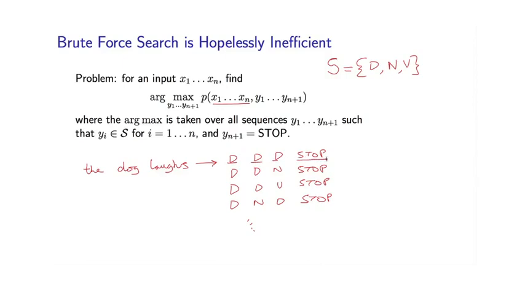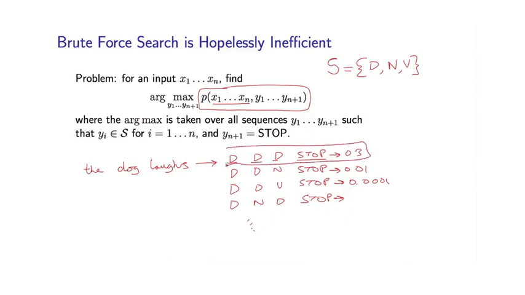And so we could conceivably just go through each of these tag sequences in turn. For each tag sequence, evaluate the value for P. For example, we might find that this is 0.3, this is 0.01, this is 0.0001, and so on. I'm just making these numbers up. So we could simply list all these possible tag sequences, apply the form of the model to calculate these probabilities, and then return the highest one. Say this one, for the sake of example.